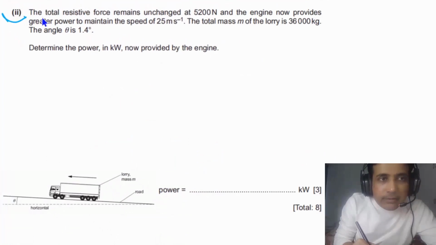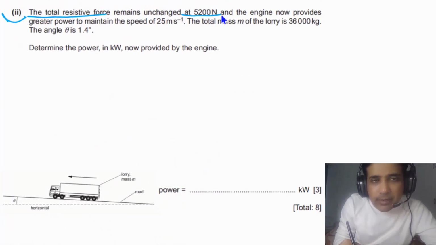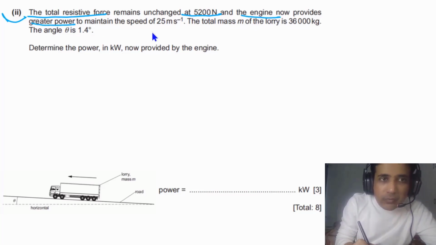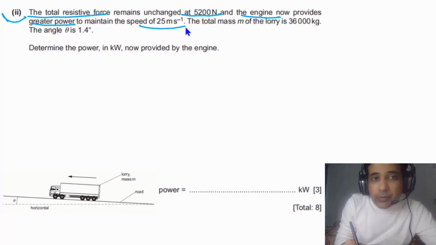For the second part, it is given to us that the total resistive force remains unchanged at 5,200 newtons, and the engine now provides greater power to maintain the speed of 25 meters per second. The total mass of the lorry is 36,000 kgs and the angle is 1.4 degrees. We need to determine the power in kilowatts provided by the engine.